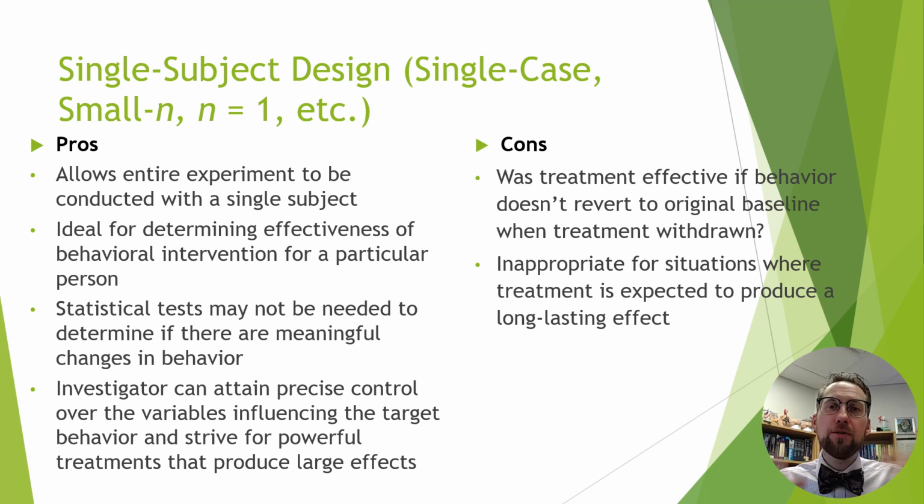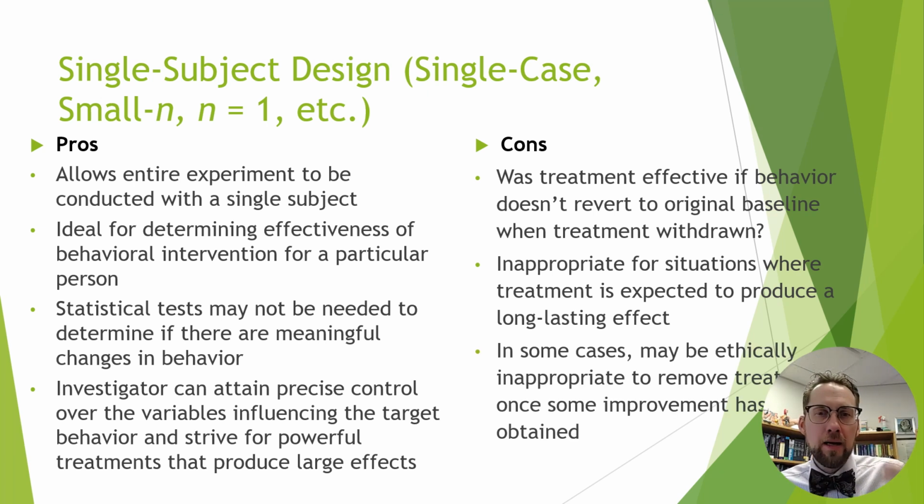This kind of research is also not appropriate for situations where the treatment is expected to produce a longer lasting effect. It might not always be helpful because at some point you can't follow someone anymore. You cannot keep following that child for 15 years, typically. That costs a lot of money. It's not doable. And sometimes it's ethically inappropriate to remove a treatment once you have shown that it works.